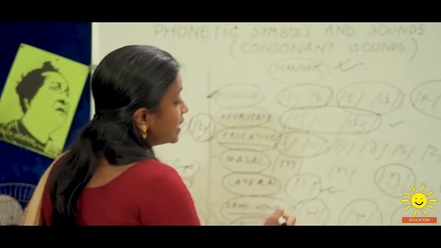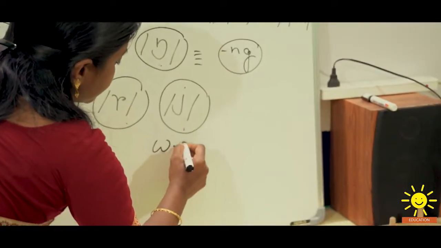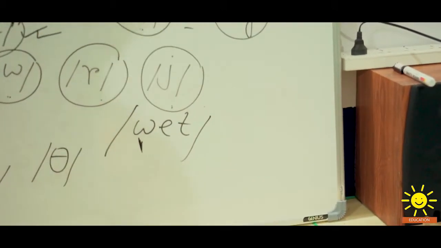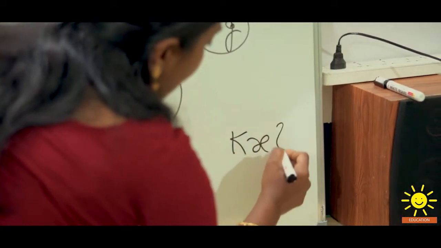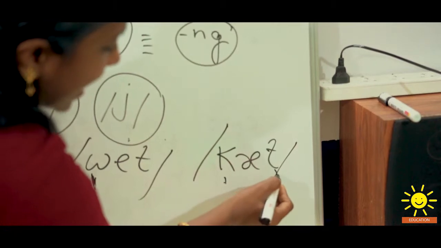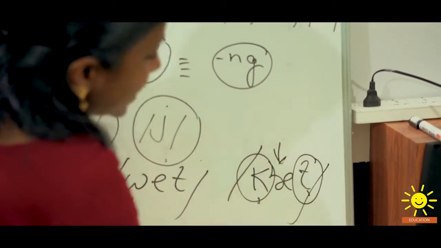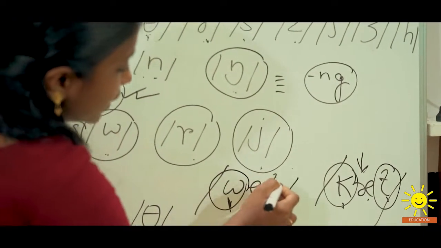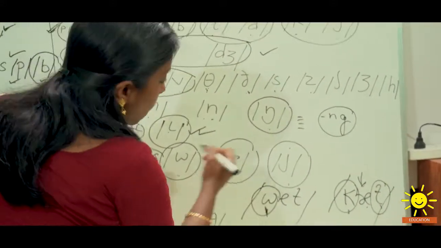And as far as their position in words is concerned, for example, wet. This particular position is the position of consonants, as in cat. This position and this position, that is the initial and the final, is usually occupied by the consonants, and the middle position is usually occupied by the vowel sounds. So as far as their positioning in words is concerned, it is categorized as a consonant sound.